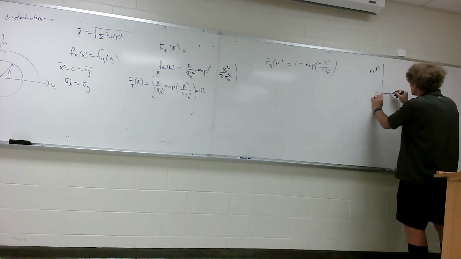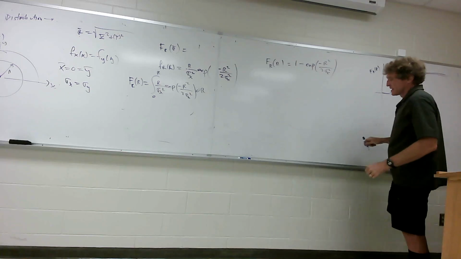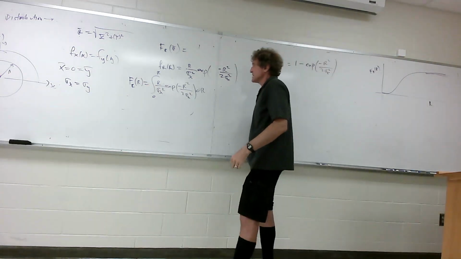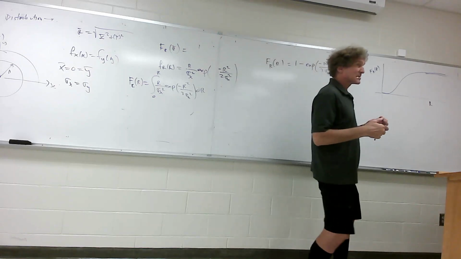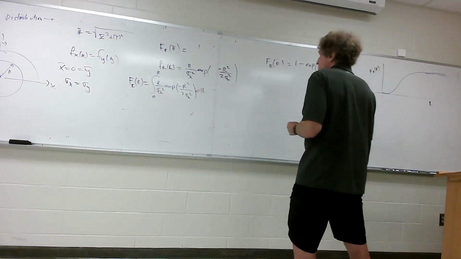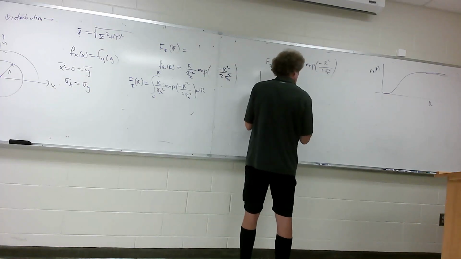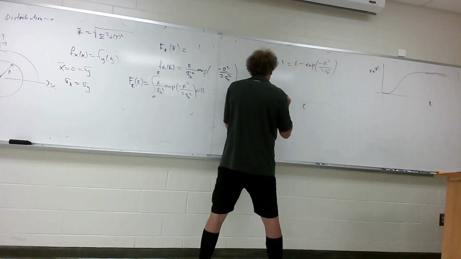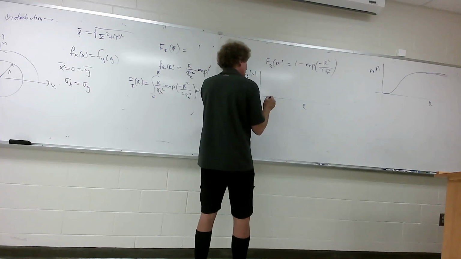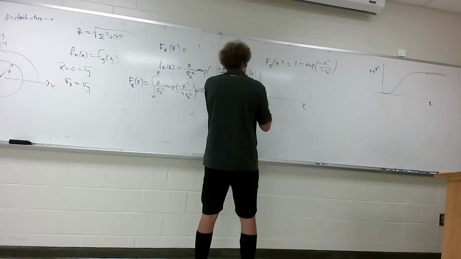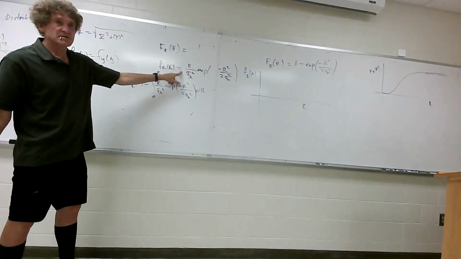And it does this, and asymptotically hits 1. If I look at the probability density function right here, and this is important what I'm about to show you, versus r, let's put f_R of r here, you see it does this.